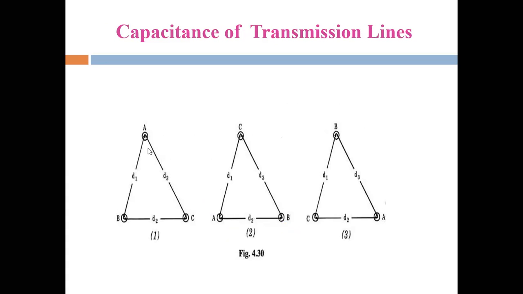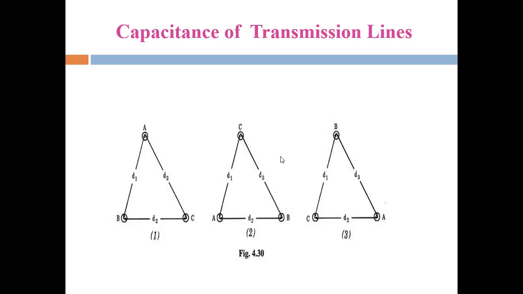Unsymmetrical spacing means that the distances between these three conductors are different. By taking these transposed conductors, the distance between A to B is D1 in the first case, A to C is D1 in the second case, and B to C is D1 in the third case.